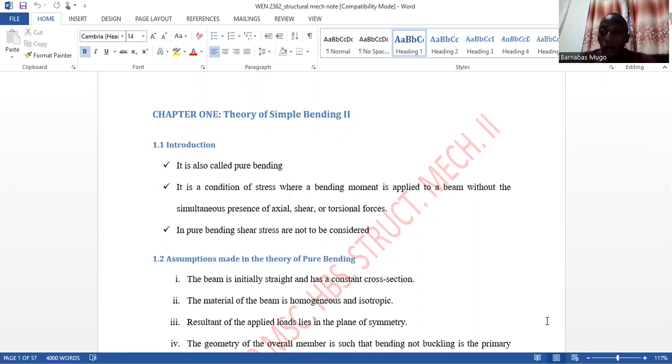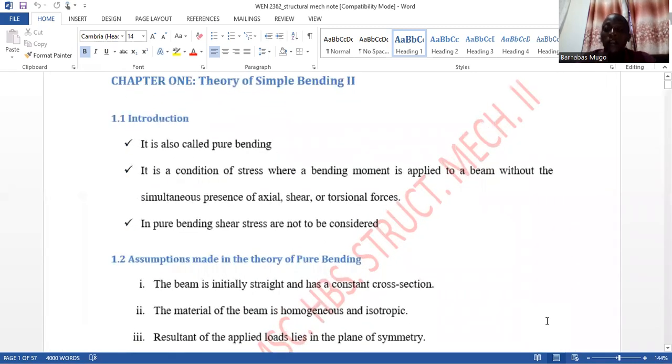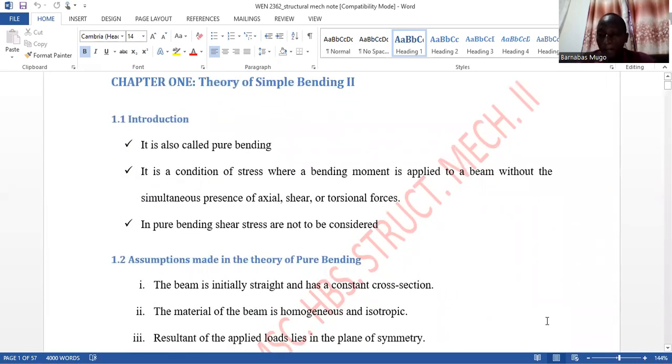When you talk about pure bending, it is the bending that involves the bending moment. In this case, we don't involve the forces acting on it, but the stresses. It is a condition whereby the stress is the one bringing the bending moment that is applied on the beam.